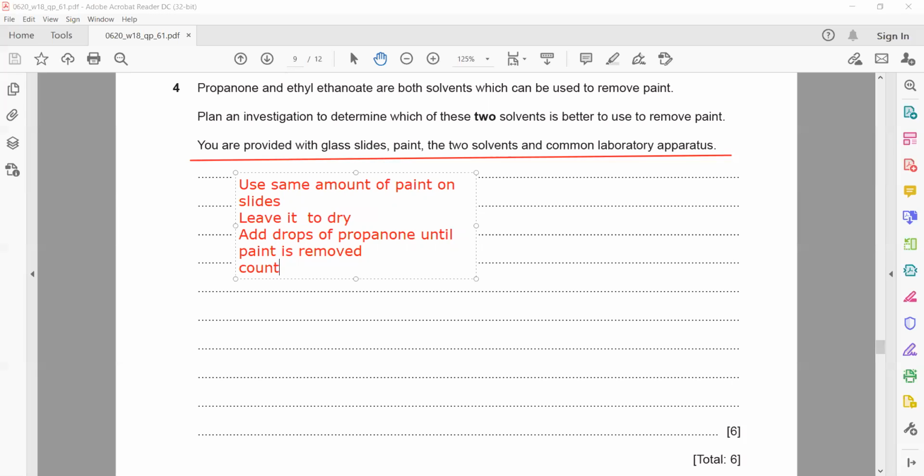Then we'll count the number of drops. Use a pipette for adding. I will mention the apparatus. When we want to add drops, we should use a dropper or a teat pipette.